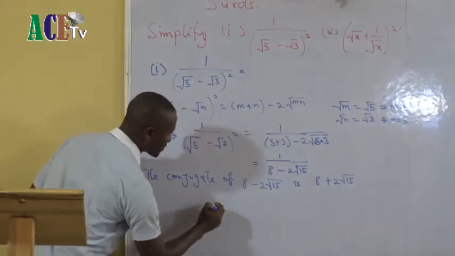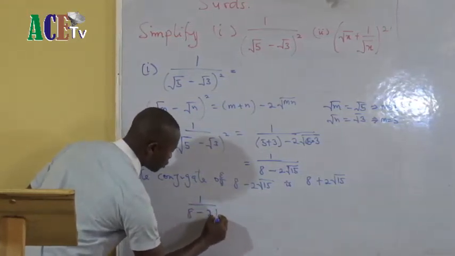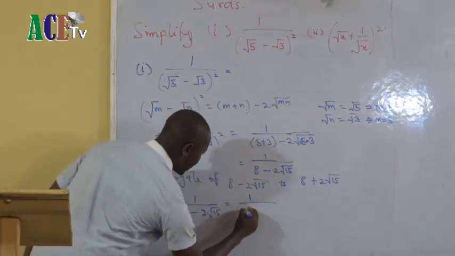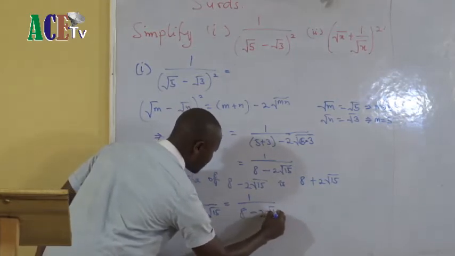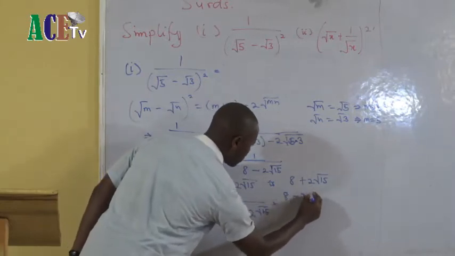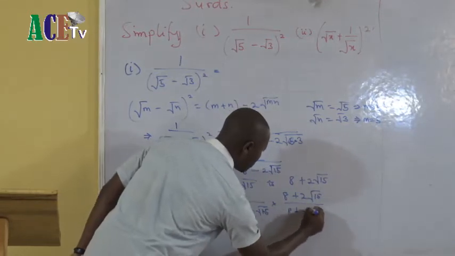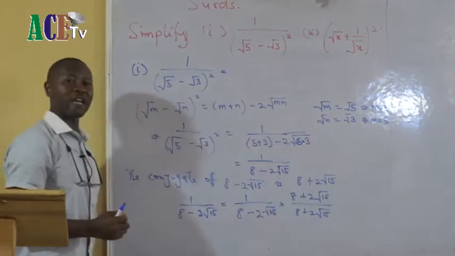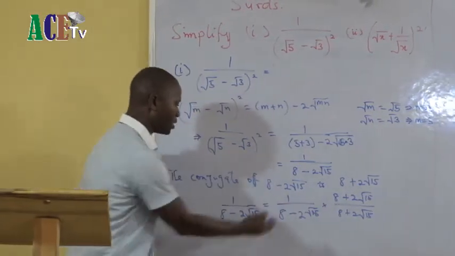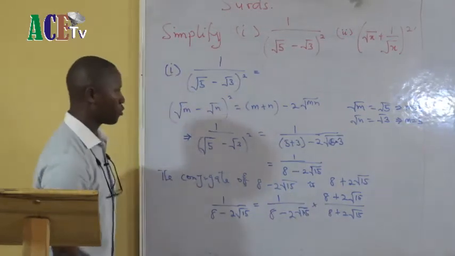So this gives us 1 over 8 minus 2 root 15 multiplied by (8 plus 2 root 15) over (8 plus 2 root 15). Now we observe that by division, this gives us 1, so it doesn't change the value of 1 over 8 minus 2 root 15.